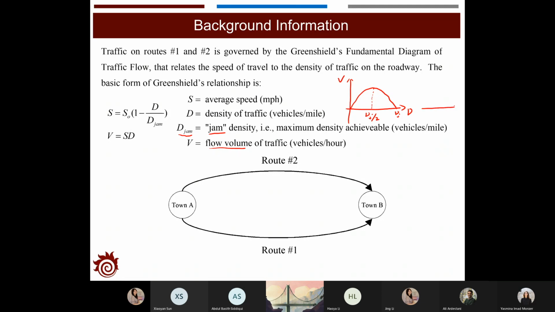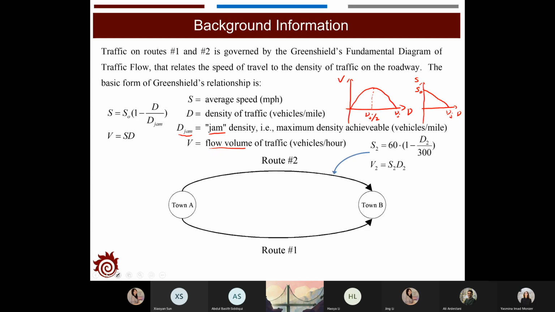If we check the speed-density relationship, it's a linearly decreasing line. The highest one would be the road speed limit, and of course the speed will be 0 when it goes to the jam density. So this is about the Greenshields fundamental diagram.